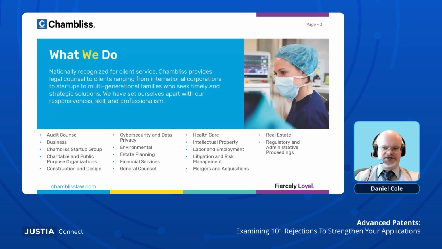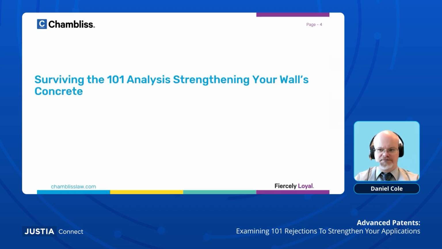Okay, we got a lot to talk about. This is a fairly complicated topic. If you came to my previous one, this is several jumps ahead of that one. So buckle in and let's go ahead and get started.